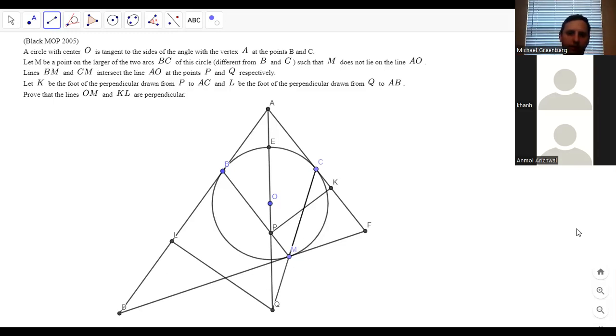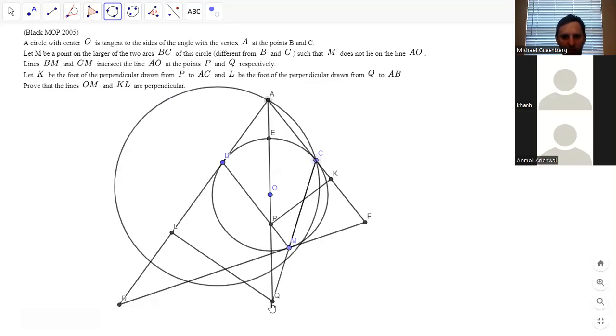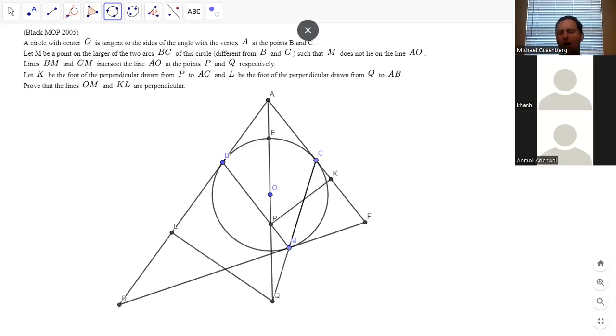I don't know if ACDQ is cyclic. No, it's not. Isn't there something special about this point Q? Like, it's where CM meets AO, where O is the incenter. Is that the Iran lemma, or is that something different?